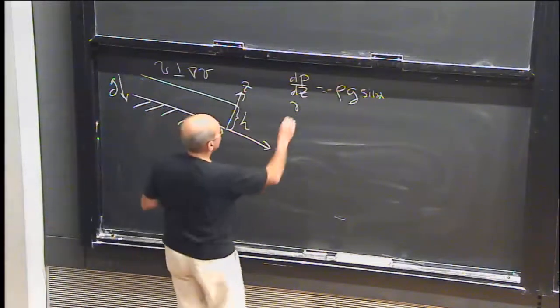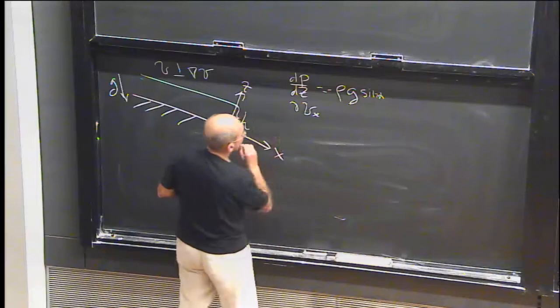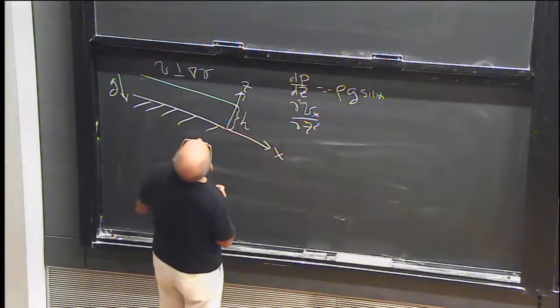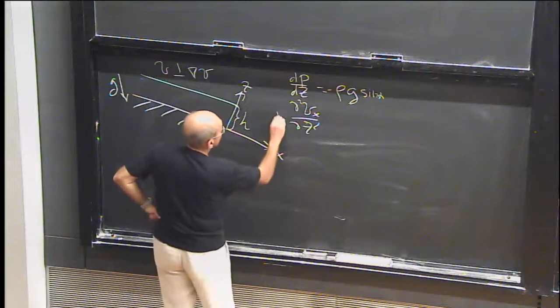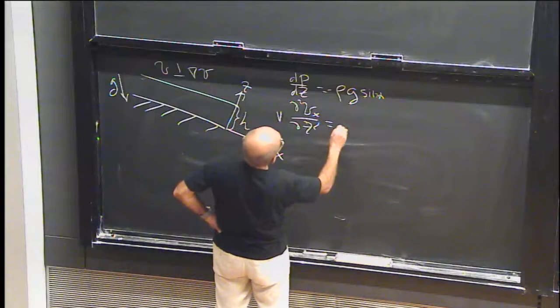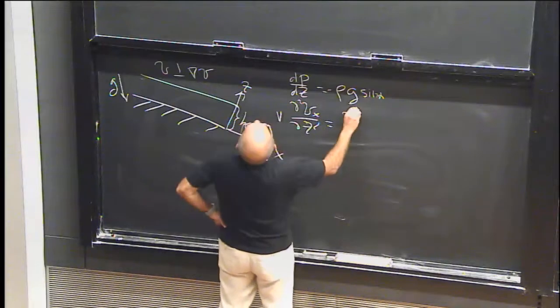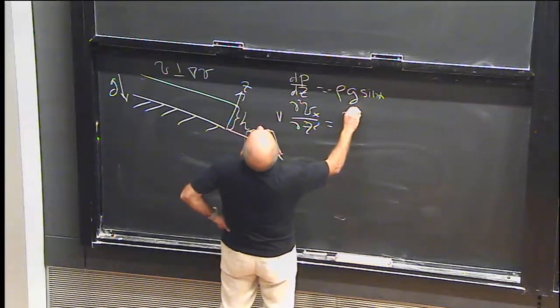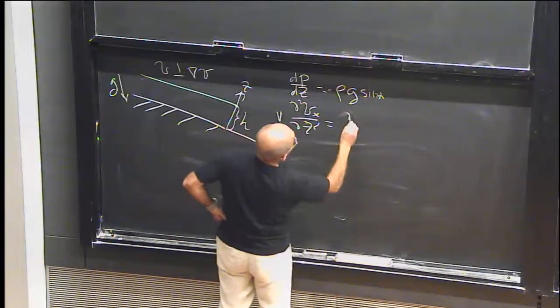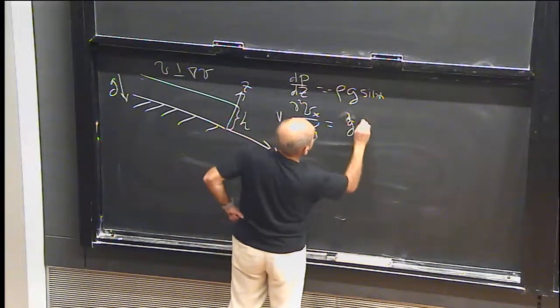So what we will have, we have v in the direction x. We have the nu term, right? And it will be equal to g cosine alpha.